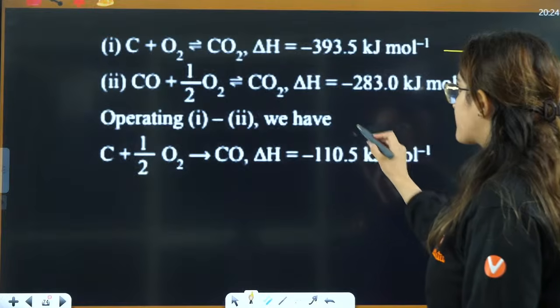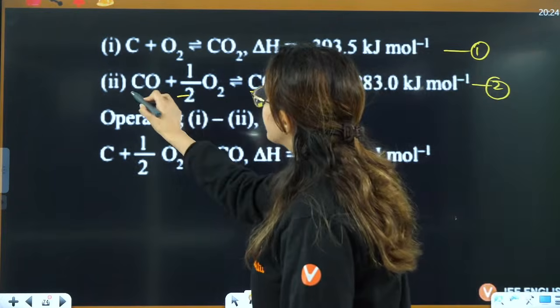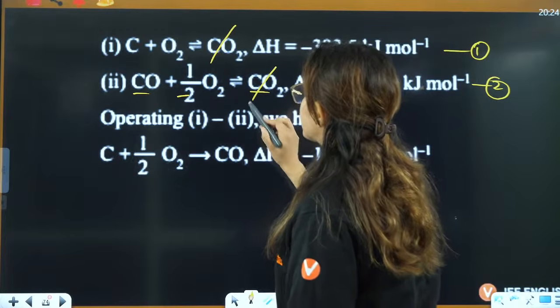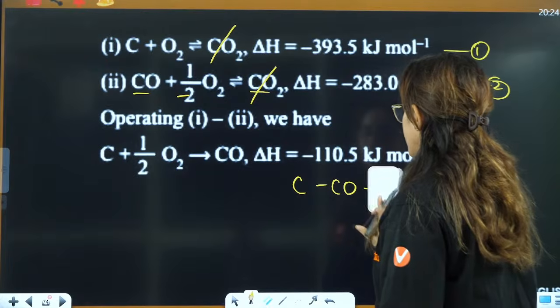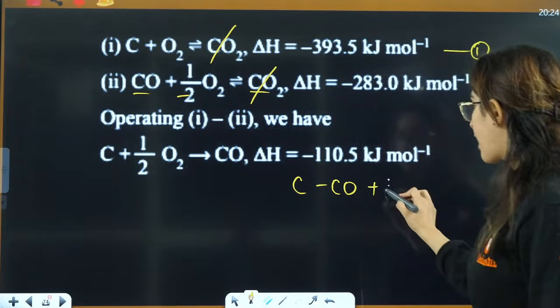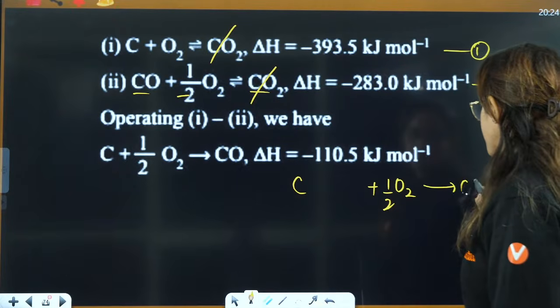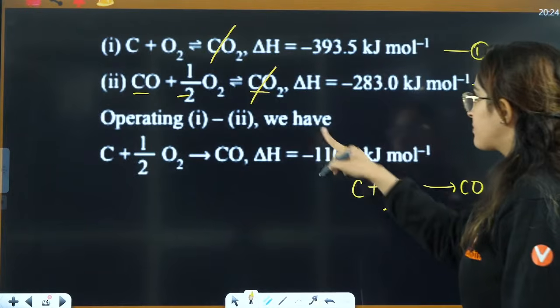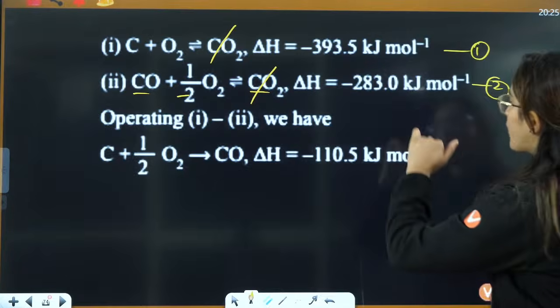Now if I subtract 1 from 2, then this is minus, this is minus, this will be cancelled. This will become carbon minus CO, and this is 1 minus half, that is half of O2, which comes to this side, and this will become CO, right? That means I'll get this equation from there. So I can just subtract 1 and 2.